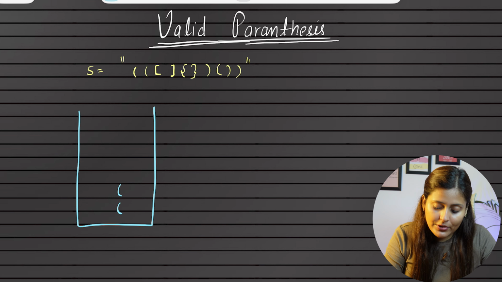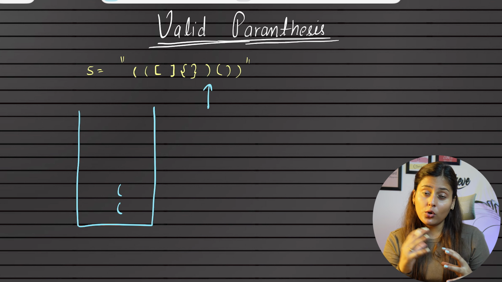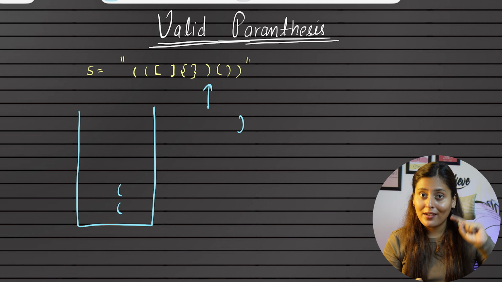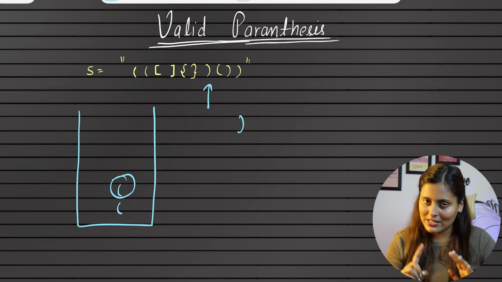Now next time a curly open bracket, so that we will add. Next time a curly closed bracket, so we'll again check the stack top, both are matching, we will pop from the stack and move ahead. Now we found a closing bracket for the smaller bracket, and the stack top element is an open one, meaning a valid pair.